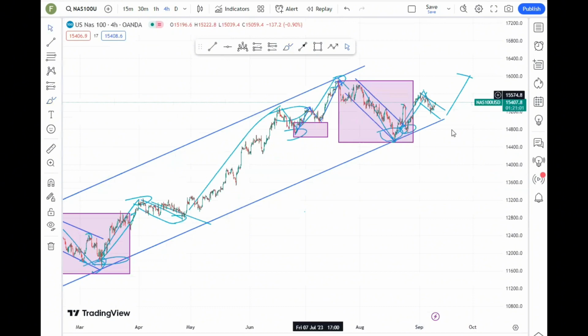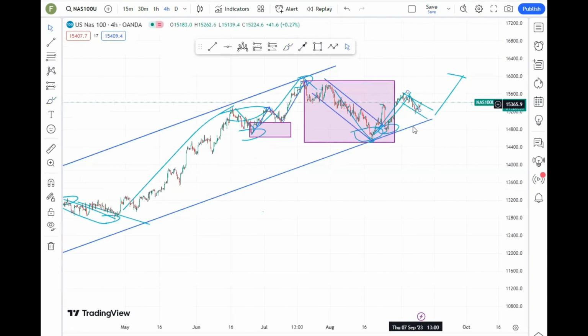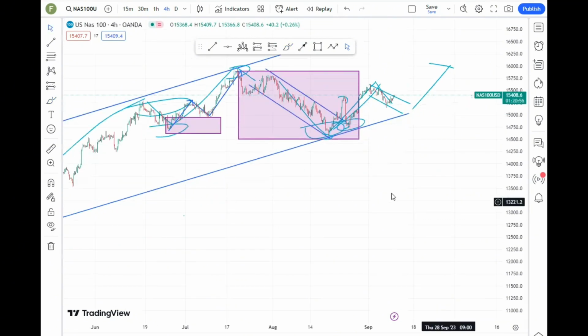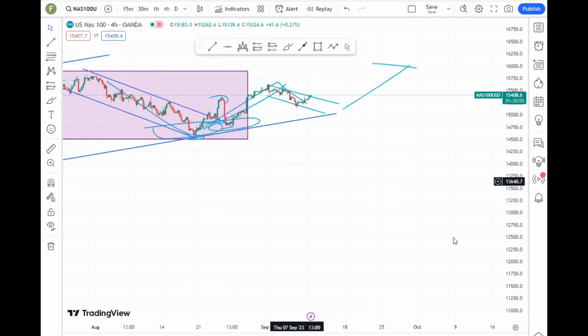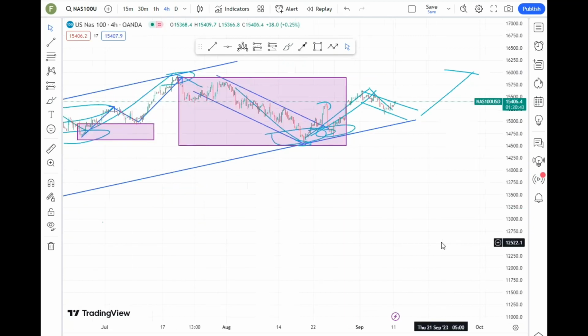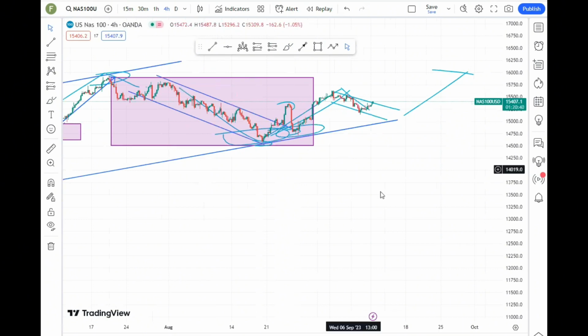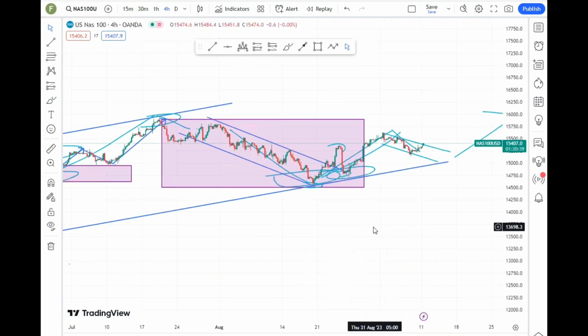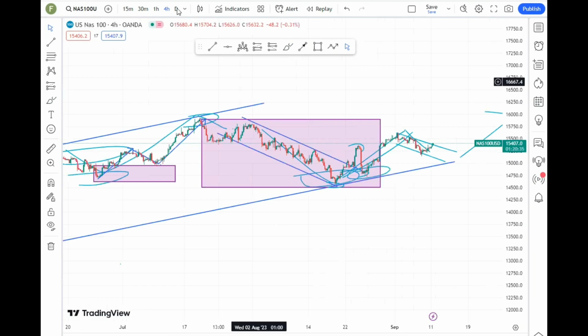Although we are expecting more buys, since we will be on the support level, we are expecting more buys to the upside. But before we get more buys from the market, or from NAS100, we are expecting to see a few sells before continuing to the upside.